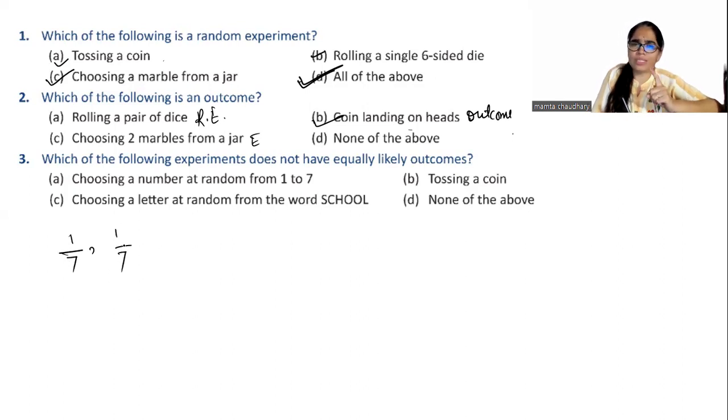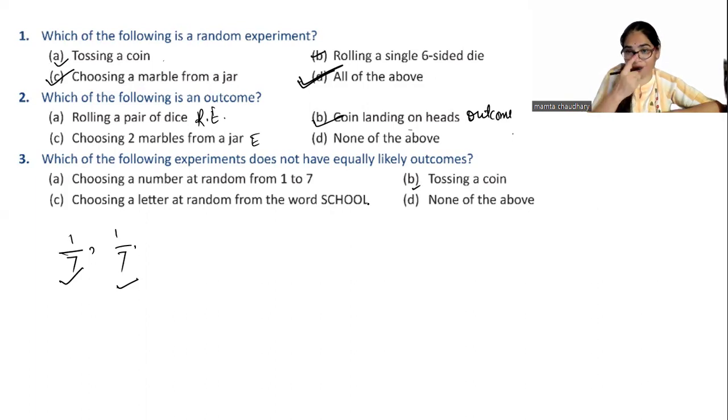One time only, so 1 by 7. Each and every number will come only one time, so for each number the probability will be 1 by 7. So it is equally likely for all. Now tossing a coin, either head will come or tail will come, half and half. Equally likely. Choosing a letter at random from the word school.